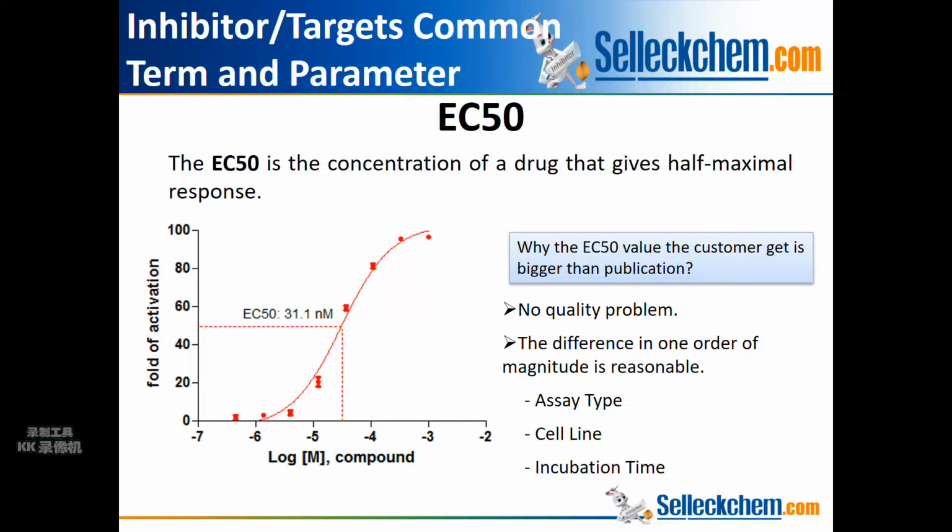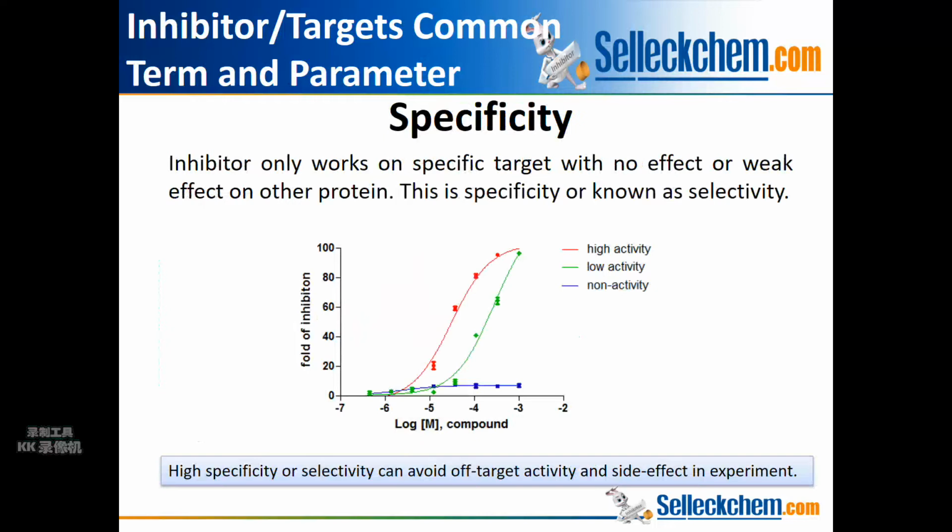And the next, specificity. An inhibitor only works on a specific target with no effect or weak effect on other proteins.